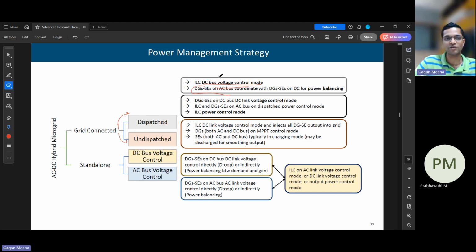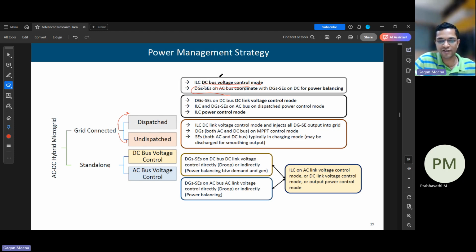To inject a particular amount of power or to absorb a particular amount of power, the DGs will share power between these two sides, AC and DC sides, to ensure the power balance.